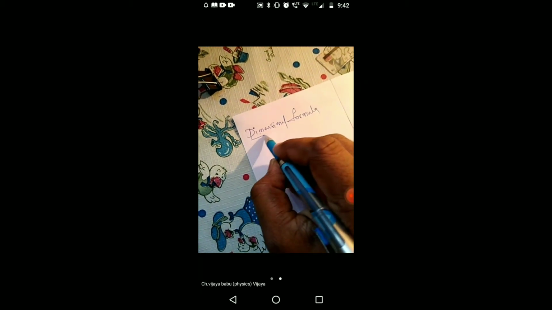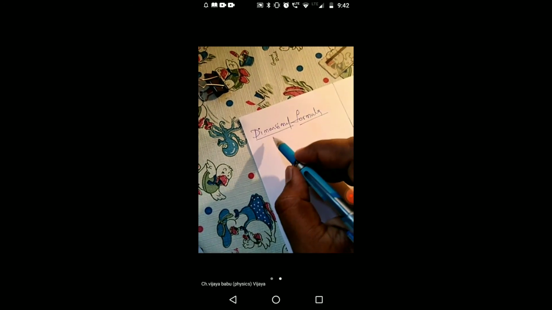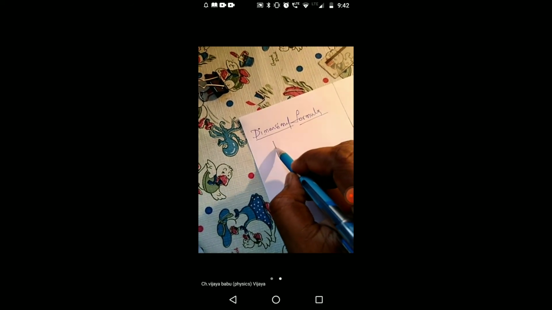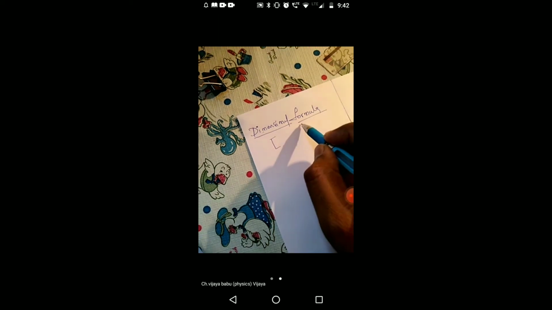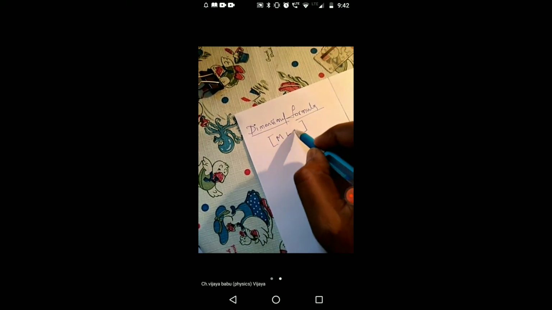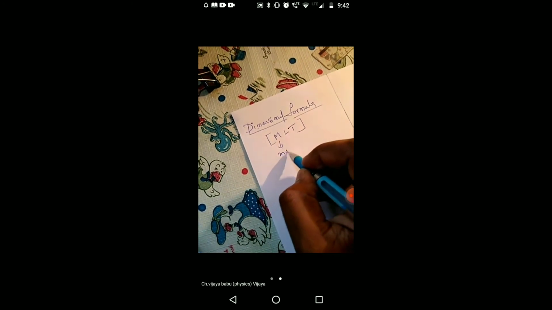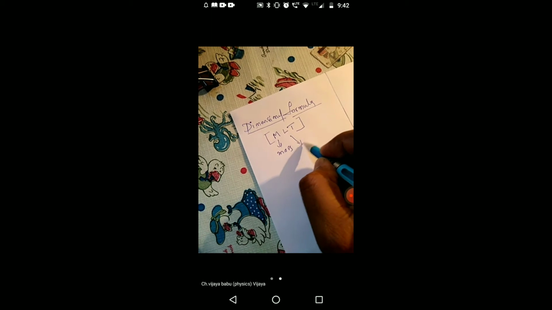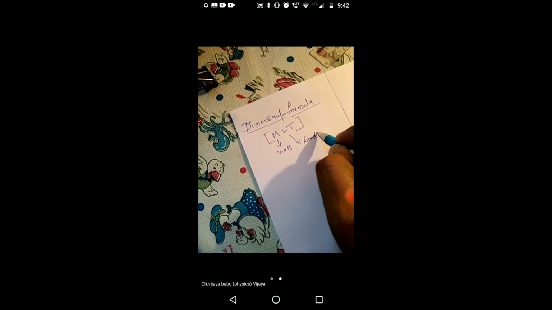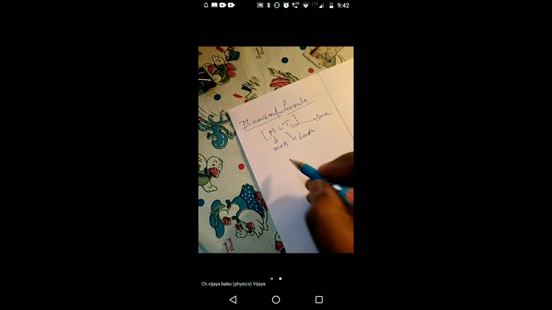How to write the dimensional formula? Dimensional formula, it means must be bracket and three letters are important. MLT. M represents mass, L represents length, T represents time.